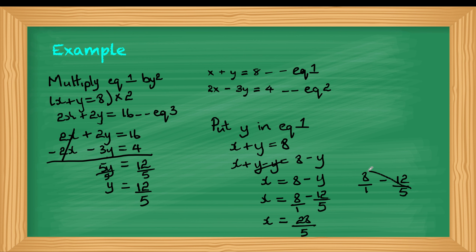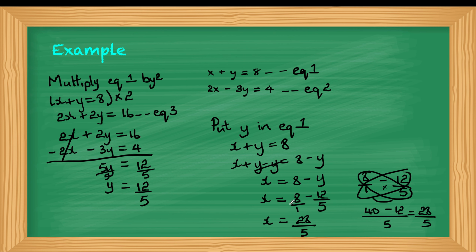I can make my little diagonal pairs, which I'm going to multiply. So if I multiply 5 times 8, I would get 40. If I multiply 12 times 1, I would get 12, and 5 times 1 as my denominator is 5. When I take 12 from 40, I would get 28 all over 5.